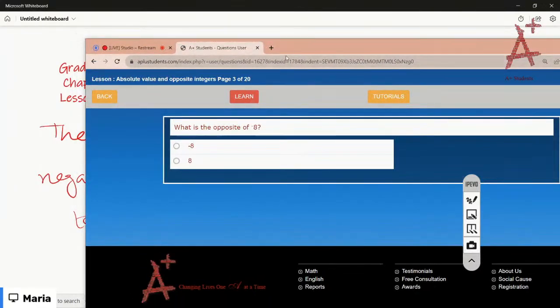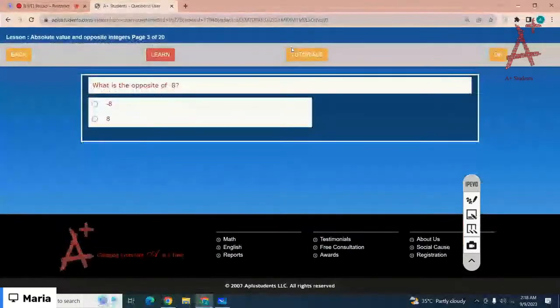Okay. What is the opposite of negative 8? So which is the correct option? The opposite of negative 8 is, yes, it is positive 8. So the correct option is 8.